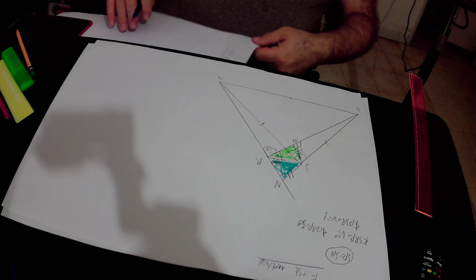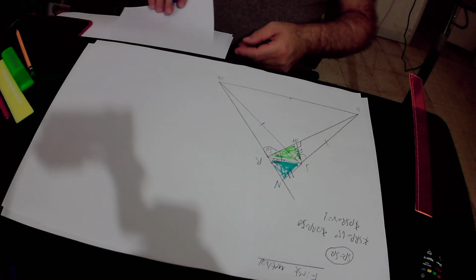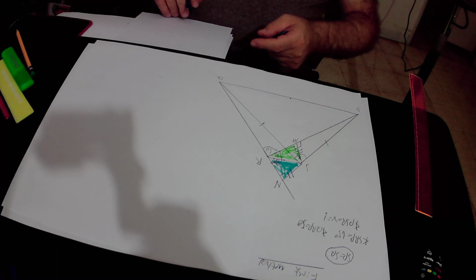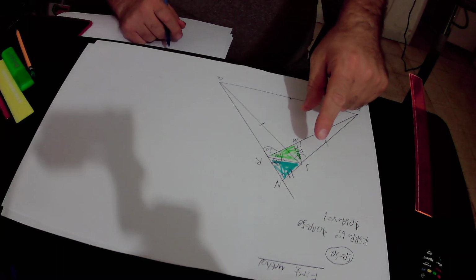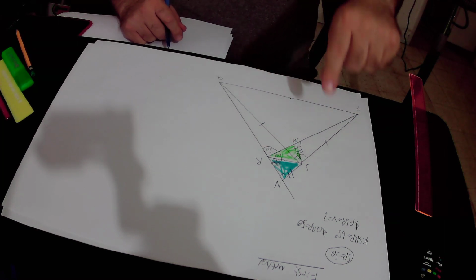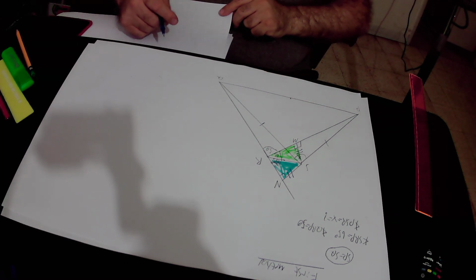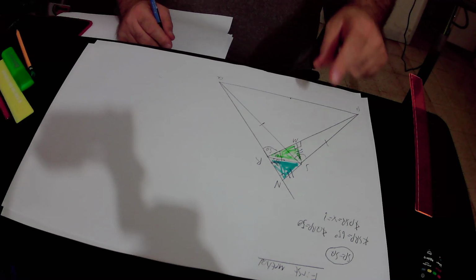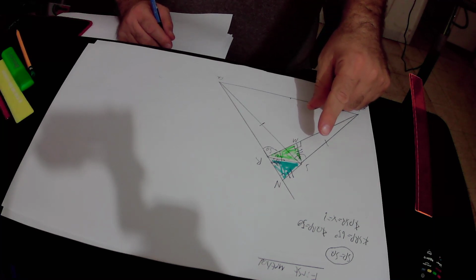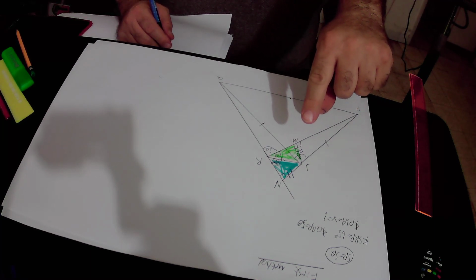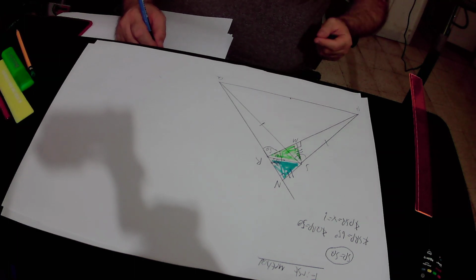Okay, so first of all, we proved that SM is equal to SN. We have already proved just right now that SM is equal to SN.